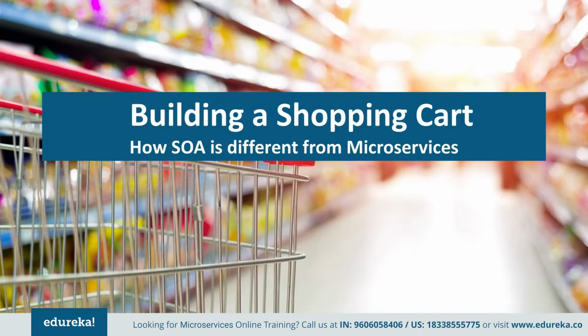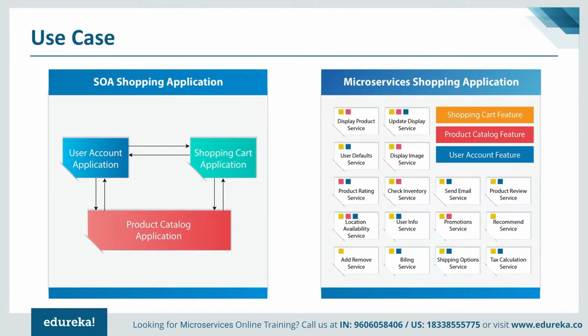Now let's go ahead and look at the differences between the two by understanding with an example of a shopping cart. So every e-commerce portal will have a shopping cart, right? Where you can add your products to the cart and then you can check out later. So for adding an item, for removing an item, for checking what is the tax, for checking the total bill amount, for all those things, you have a shopping cart application.